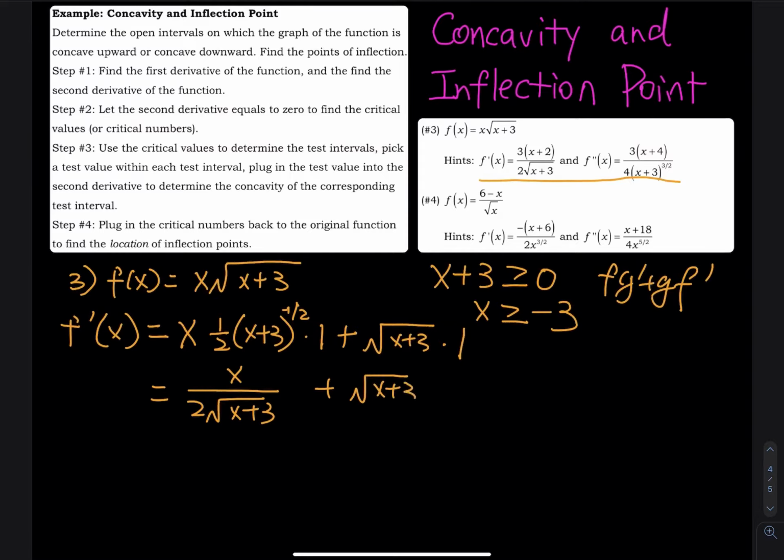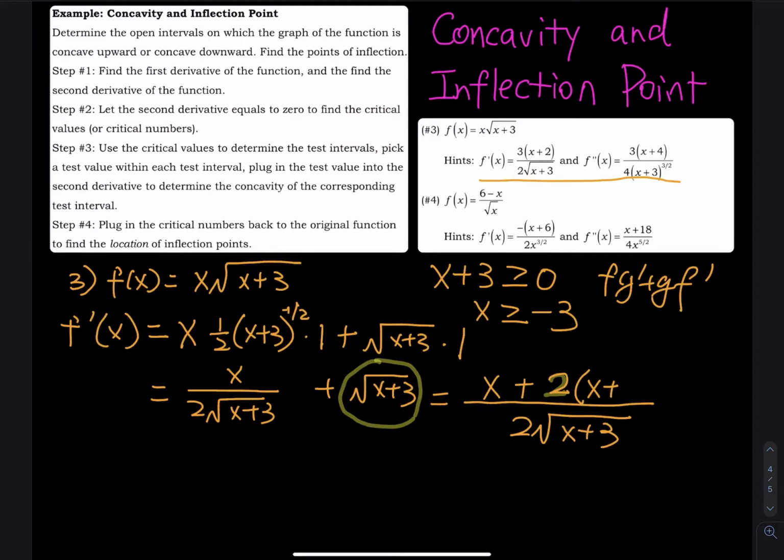I want to make this into one fraction. Therefore, I need a common denominator, 2 times the square root of x plus 3. So this is x, and then the other piece, this piece right here, we have to multiply the top and bottom by 2 times the square root of x plus 3. Therefore, this will be 2 times x plus 3.